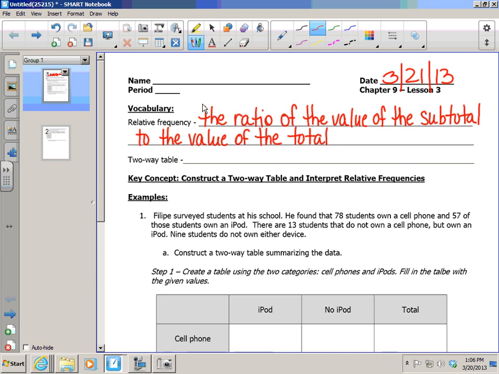And you're going to find relative frequencies by constructing two-way tables. And this is data from one sample group as it relates to two different categories.